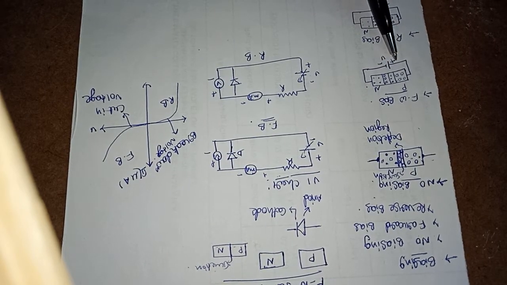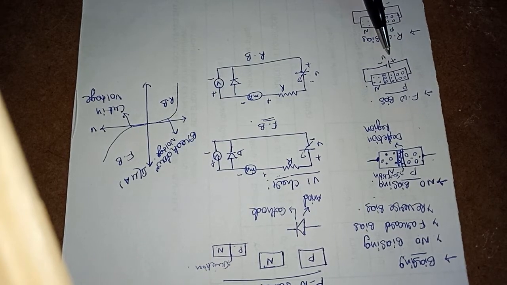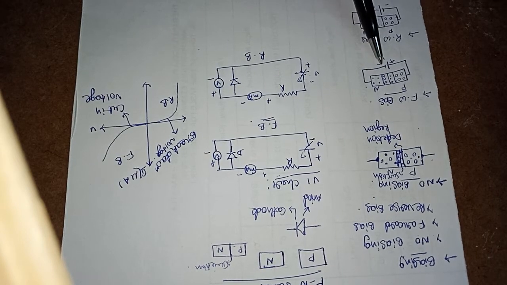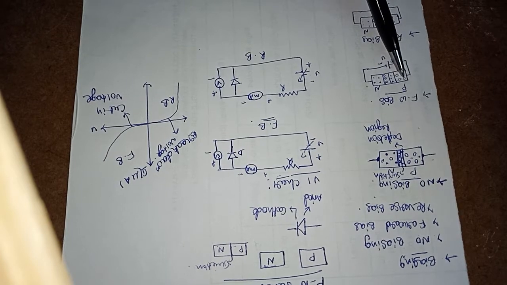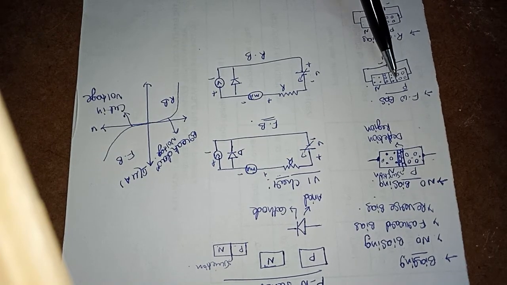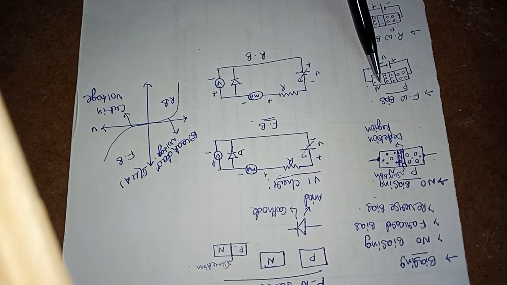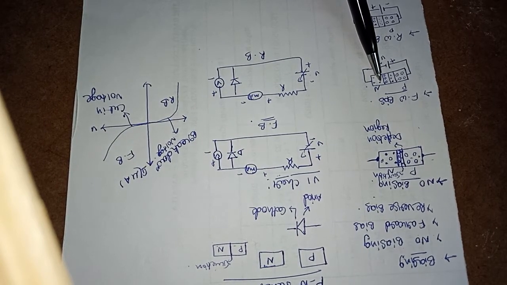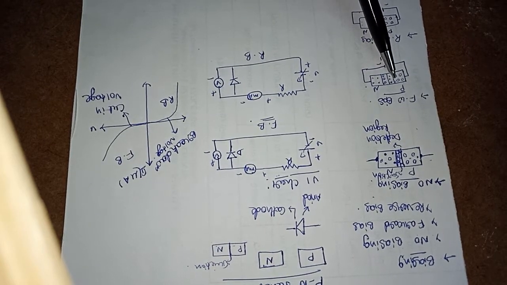So here the positive holes are repelled by the positive terminal of the battery, and electrons are repelled by the negative terminal of the battery, and these P-type holes and electrons are attracted to each other, so they cross the junction. The P-type material holes cross the junction towards the N-type material, and the N-type material electrons cross the junction and move towards the P-type material.